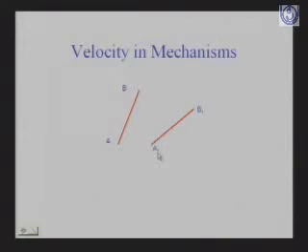Let us see the slide. Now this is a link AB. You just see that it has moved to this position, that is A1, B1. Now it has a combination of linear motion as well as rotational motion.